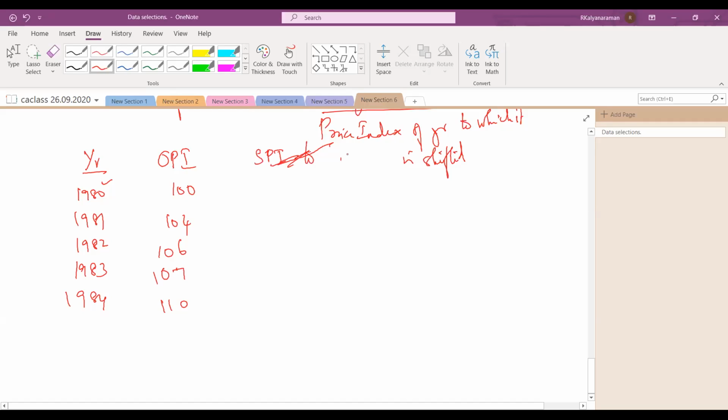I am now taking 1990 as the base year. You got 71.4, 74.3, 75.7, 76.4, 78.6. So what is the shifted price index? 104 by 74.3 into 100. The original price index was 100 by 71.4 into 100.